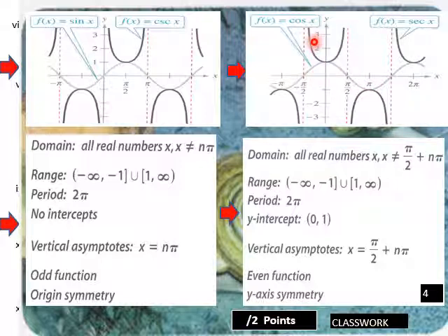And then up here you have infinity coming down to 1 and going back to infinity that way. We have the vertical asymptotes. It's an even function, symmetric to the y-axis. It has a y-intercept, which is why it uses the y-axis as symmetry.